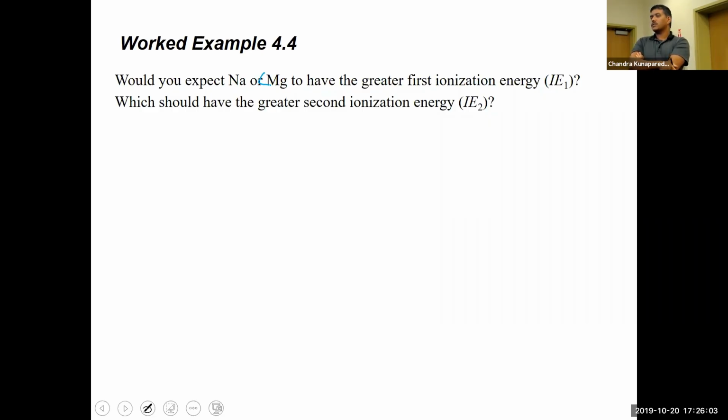Whereas when it comes to second ionization energy values, once sodium turns into Na plus and once magnesium turns into Mg plus, let's find their current electronic configurations.